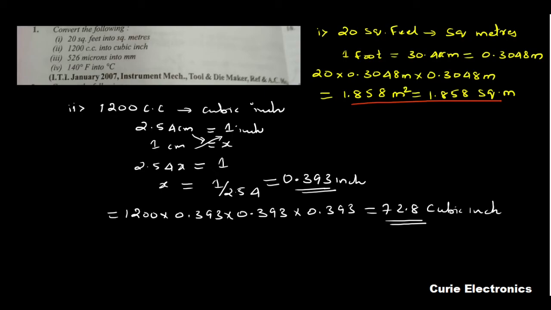Okay. Now what else is there in the question? The first two are over. We will go to the third one. Third one, what is that? 526 microns to mm.